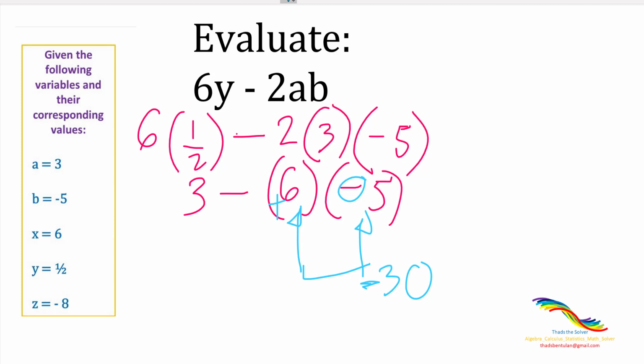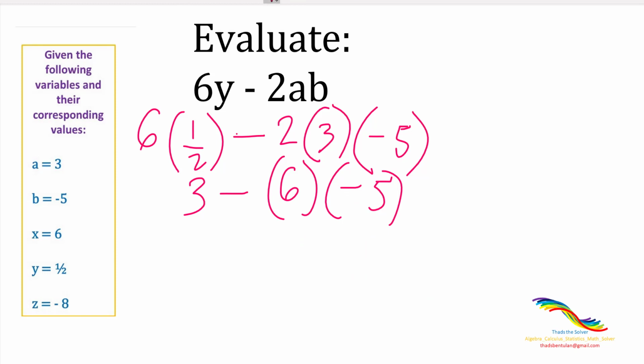If you have the same signs, a positive times a positive, then that is a positive, or a negative times a negative, then that is a positive also in terms of products. So in this case here, we simplify this to be -30.